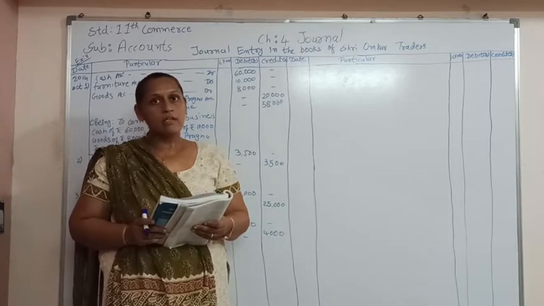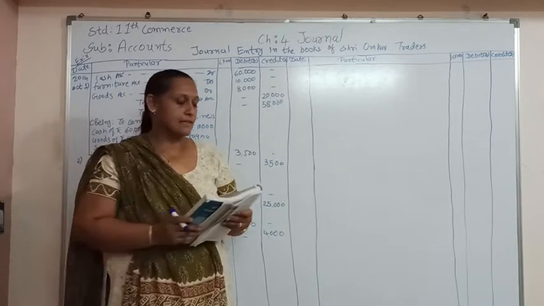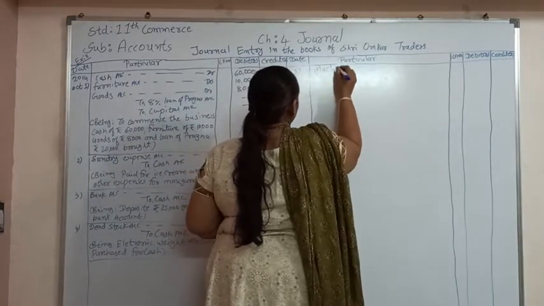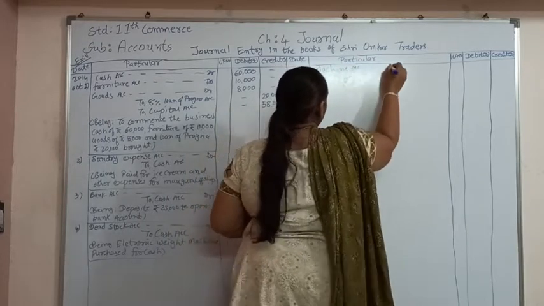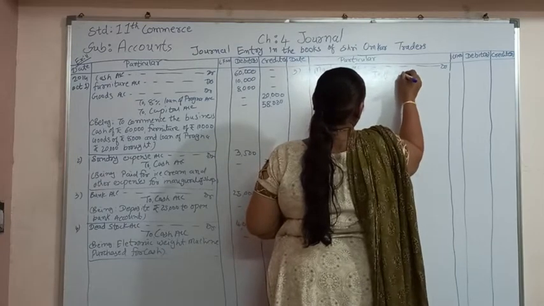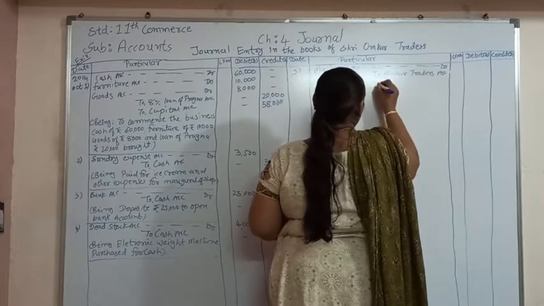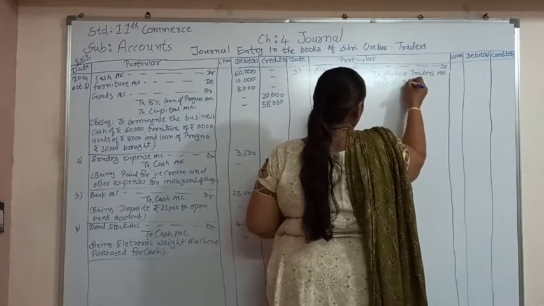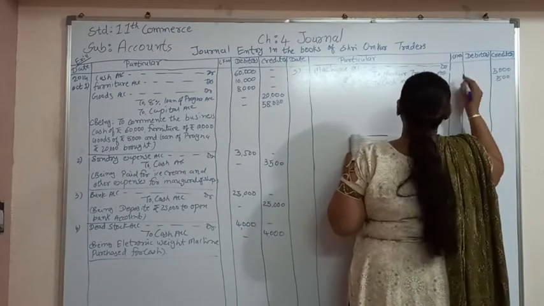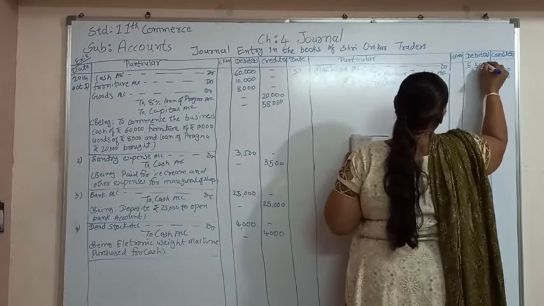So our journal entry will be machine account debit to Nauka Traders, to cash. Here Nauka Traders will be 5,000, cash will be 500, and total will be 5,500.